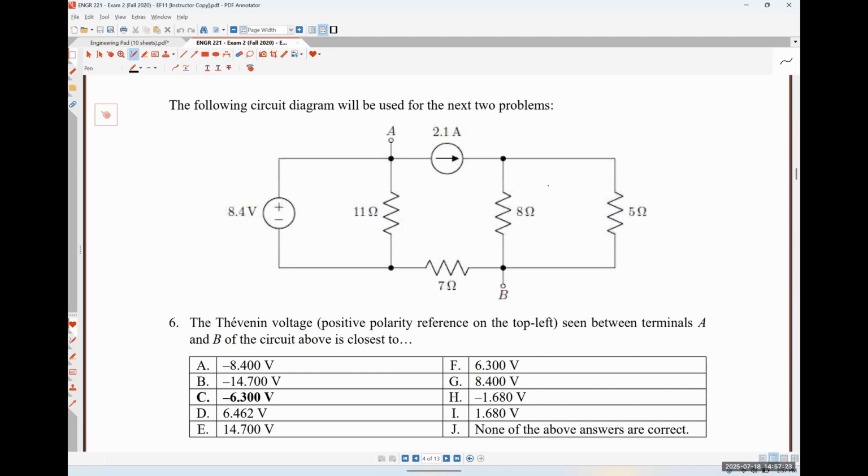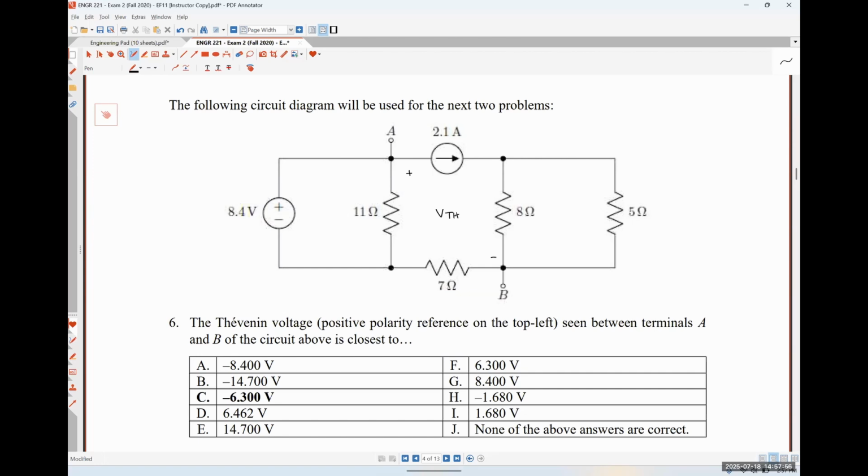Okay, so we are finding the Thevenin equivalent voltage. I'm trying to think of the easiest way to do this. The Thevenin equivalent voltage is going to be the voltage across this diagonal, essentially.